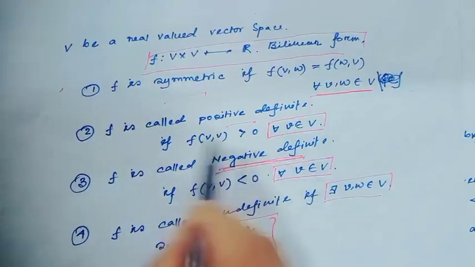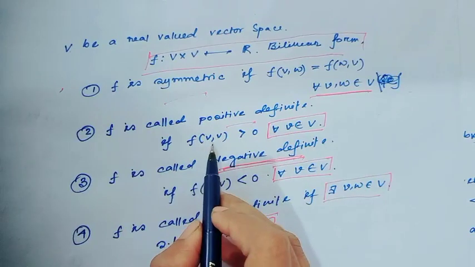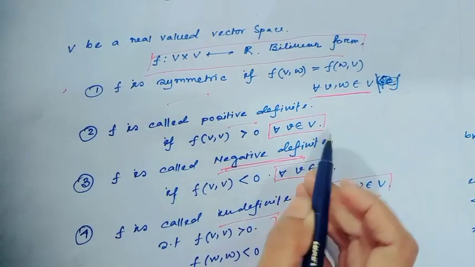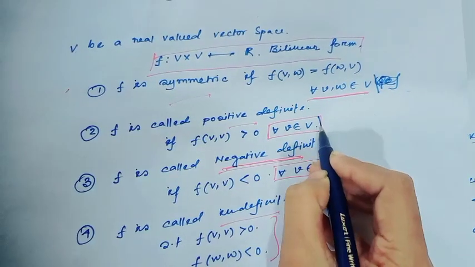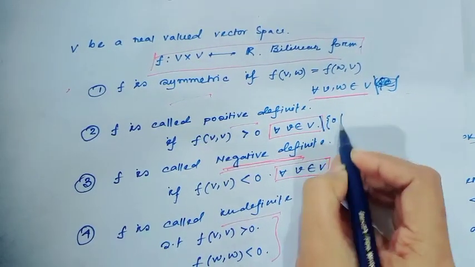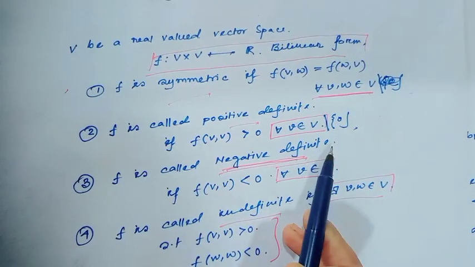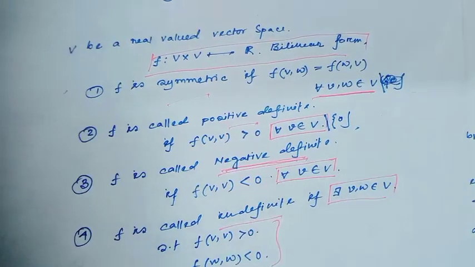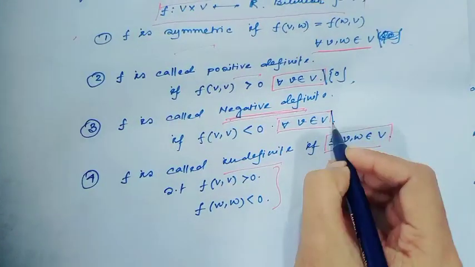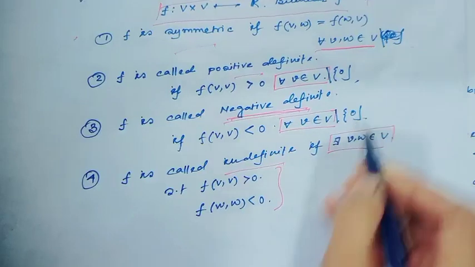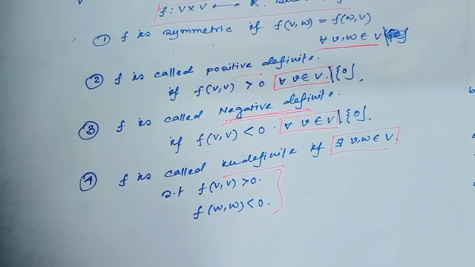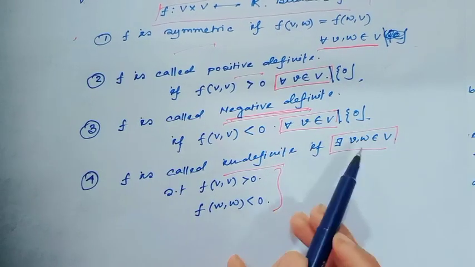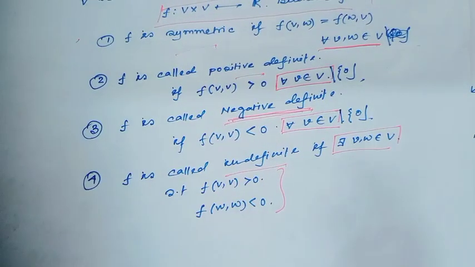One thing noticeable: positive definite means f(v,v) strictly greater than 0, and this is true not for all vectors, but for all non-zero vectors. For the zero vector, f(v,v) would be 0. Similarly for negative definite, f(v,v) strictly less than 0 is true for all non-zero vectors in the vector space V.